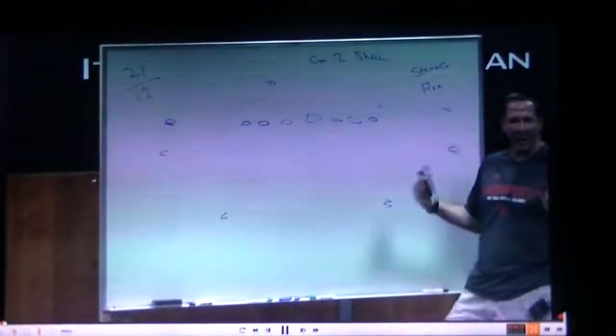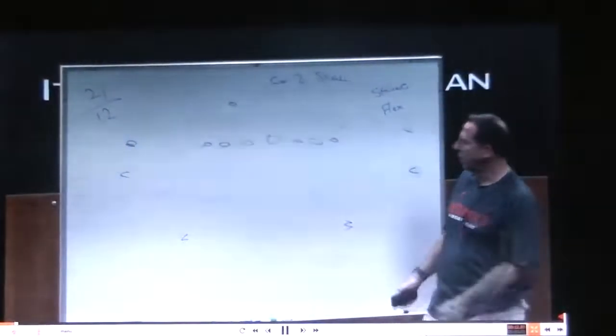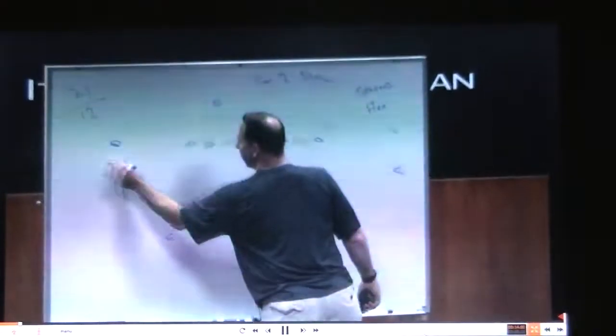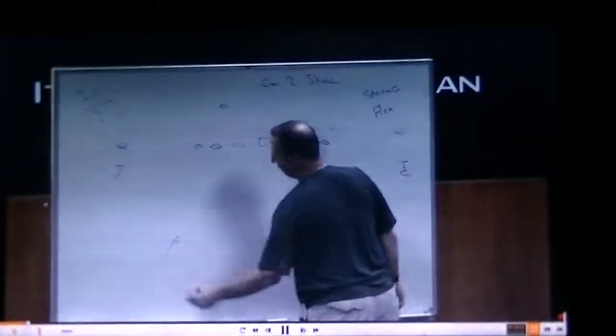And if you were to play cover 2 out of this, any look, what do you always have to have? Let's say we were just a cover 2 shell, so you got 2 cover 2 corners and you got 2 half safeties.